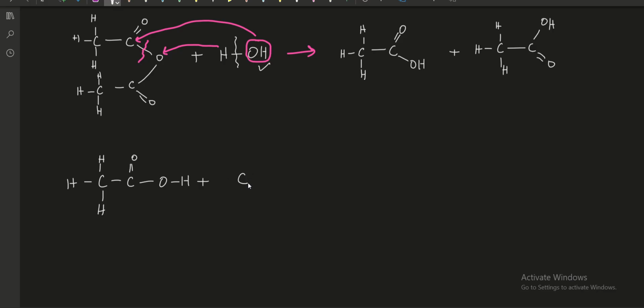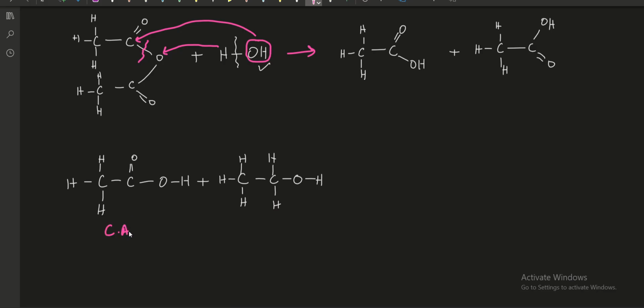The question said ethanol. Ethanol again has two carbons in it. Okay, now what will happen?